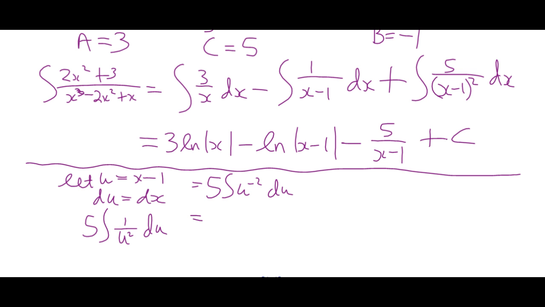We have to increase the power and then divide. So it's going to be negative 5 u to the negative 1 plus c. So negative 5 over u, and that's negative 5 over x minus 1.